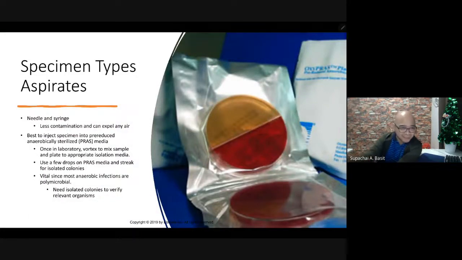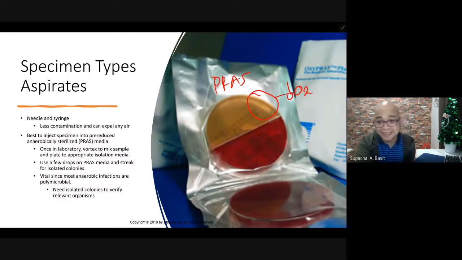Pre-reduced anaerobic sterilized media. So we just need to use a few drops of PRAS and streak it for isolated colonies. So ito yung ibig sabihin ng pre-reduced PRAS. Ibig sabihin, yung culture media na to is naturally made with low oxygen content.